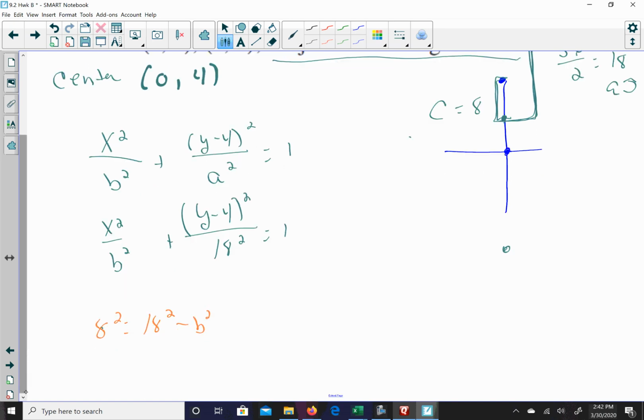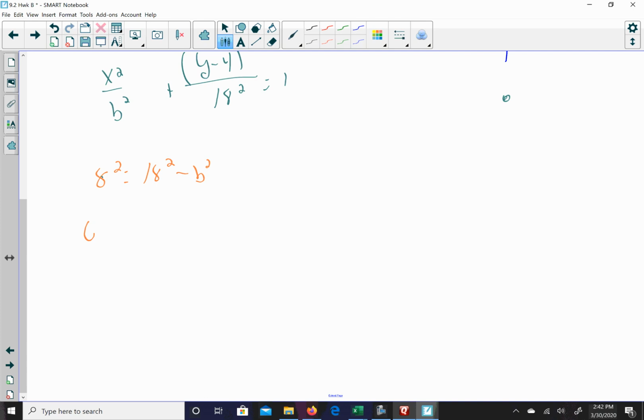So when I do this, 8 squared is 64. 18 squared is 324 minus b squared. So when I subtract 324 from both sides, this is actually negative, I get negative 308. So b squared is equal to positive 308.